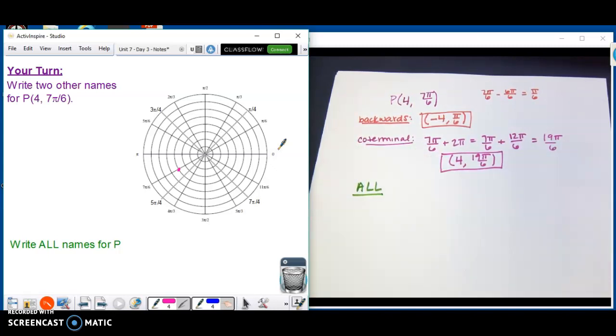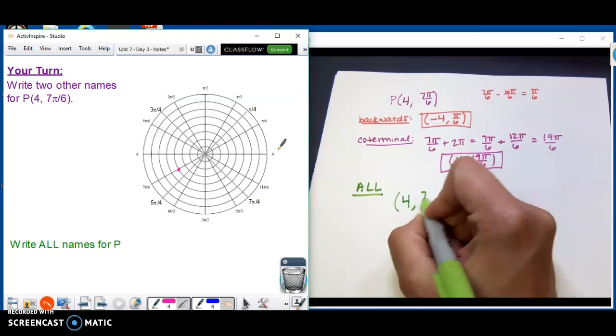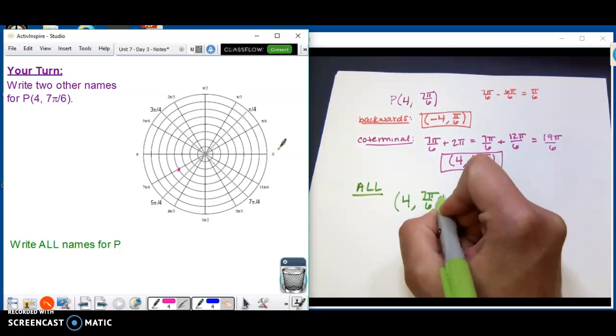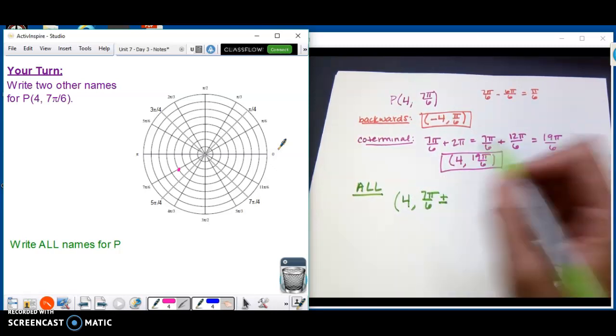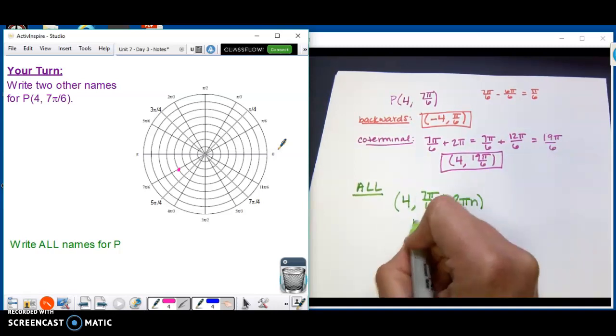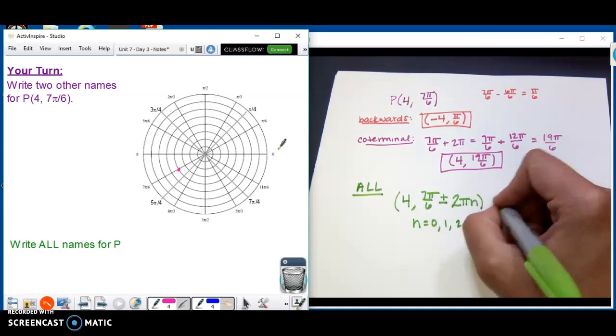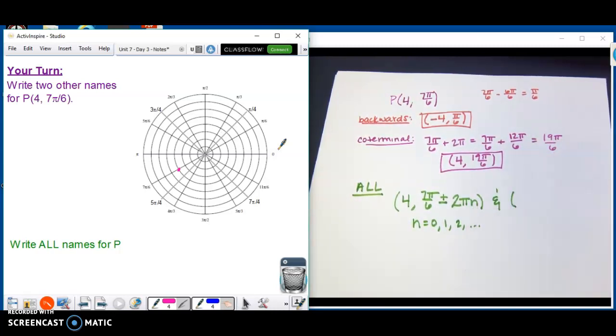So to do all, remember this is where you have to involve the n value. I'm going to take my original point (4, 7π/6), and we can add or subtract a whole circle, which will be 2πn. Okay, n is just an integer, 0, 1, 2, and it keeps going on forever. Then we want to use the backwards point.